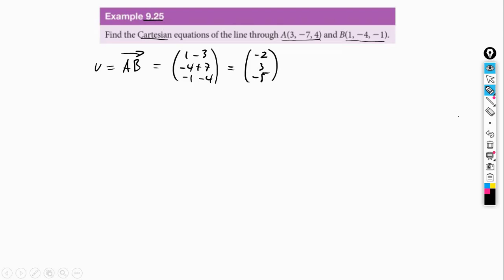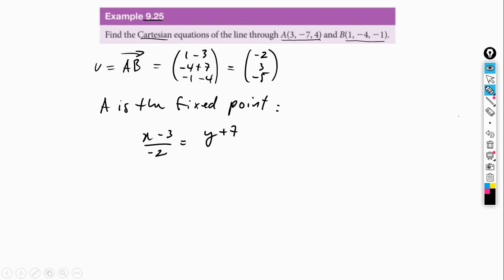So when A is the fixed point, then the Cartesian equations would be (x minus 3) over minus 2 would equal (y plus 7) over 3, and this would equal (z minus 4) over negative 5.